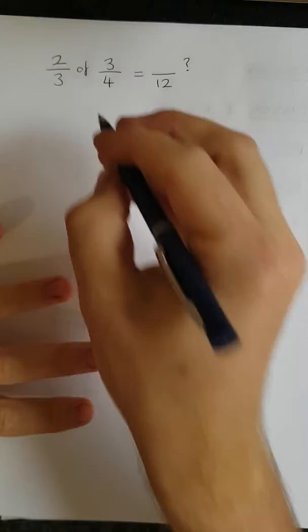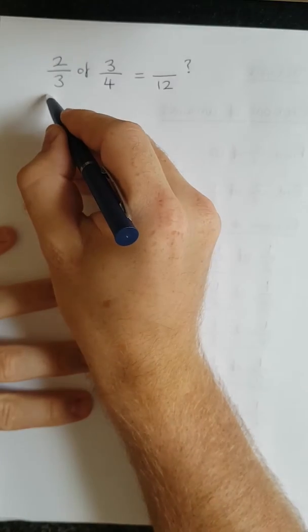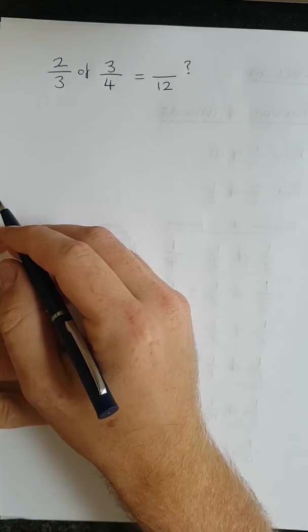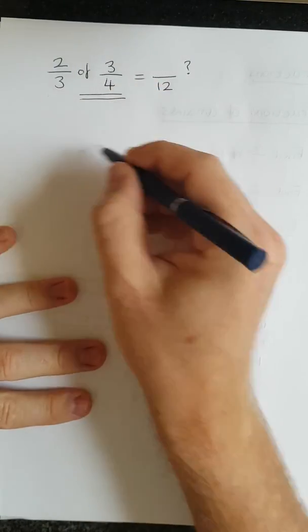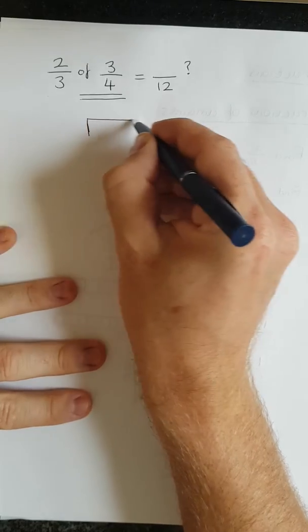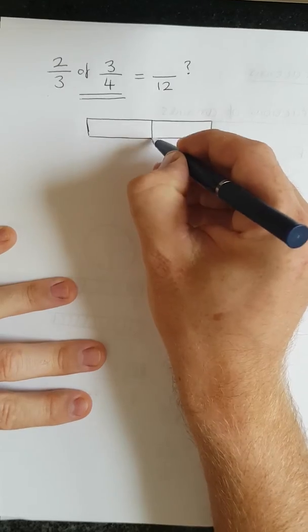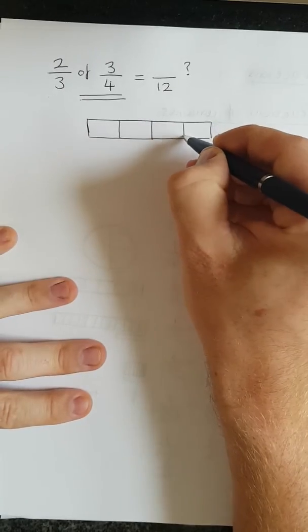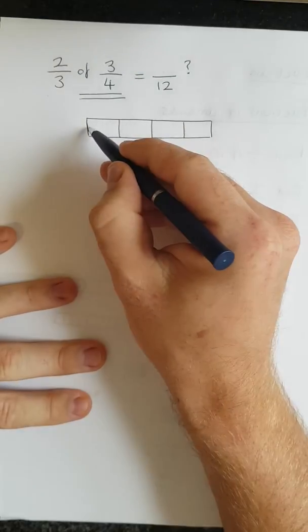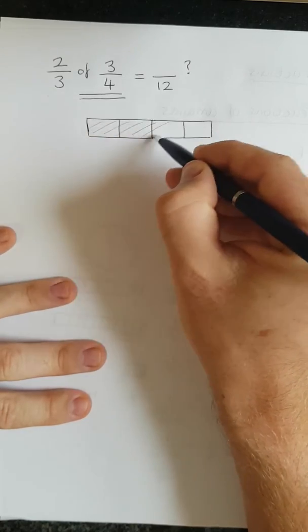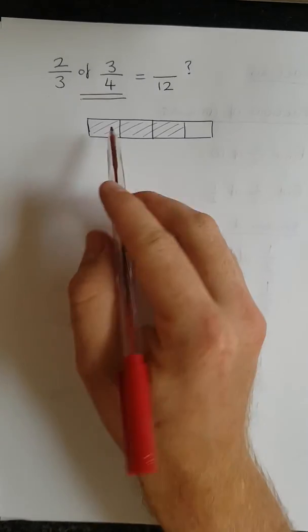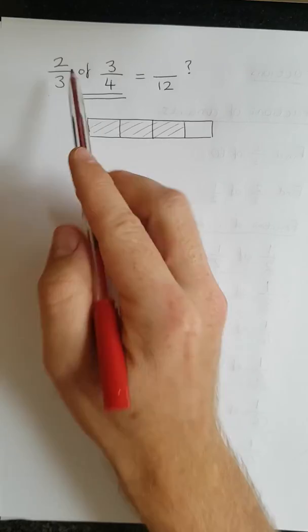Let's find out. We're finding 2/3 of 3/4. So we're going to start with a diagram that shows 3/4. So here is a whole one that I've sliced into 4. And here are my 3/4. Now, each quarter I want to take 2/3 of it.